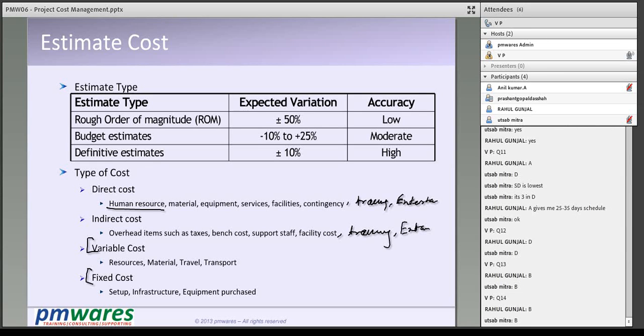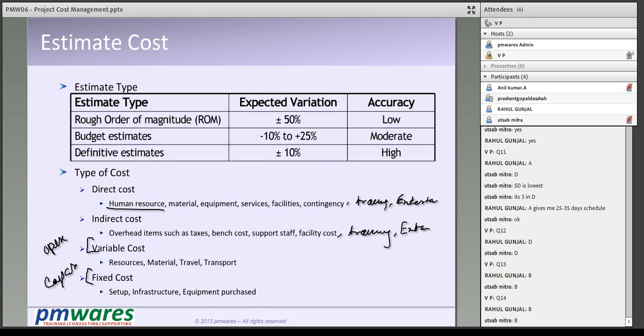What is the variable cost and fixed cost? This is capital expenditure, we normally call capex, and this is operational, normally called opex. Right? So variable cost is the cost which over a period of time we can control by some action.